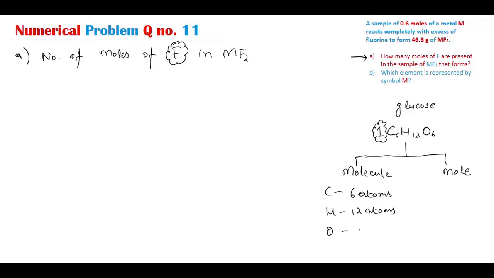Similarly, you have 6 atoms of oxygen. And what if this 1 is representing a mole? Then this means that you have 6 moles of carbon, 12 moles of hydrogen, and in the same way 6 moles of oxygen. We are going to use this concept while solving this numerical problem.